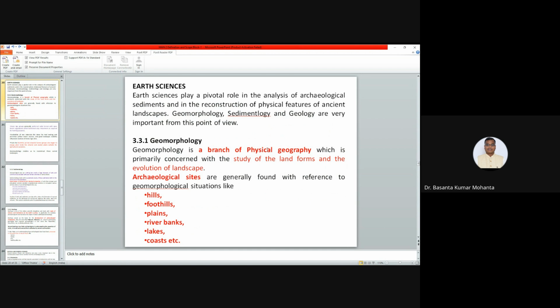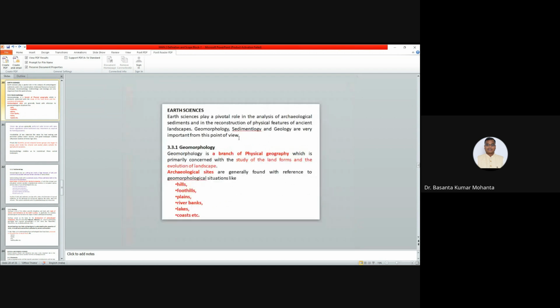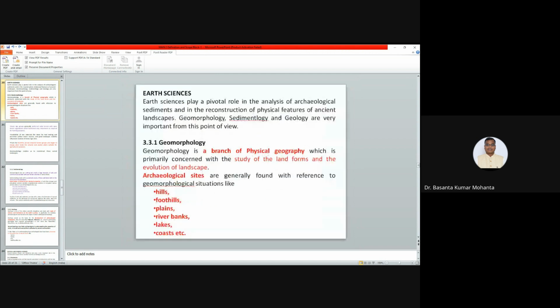If we see how geomorphology is helpful in archaeological anthropology to study ancient culture, we will see that it has a very close relationship, because geomorphology is the branch of physical geography which studies landforms and the evolution of landscape.